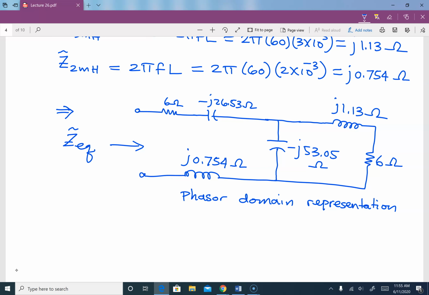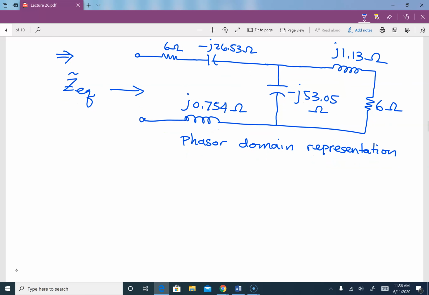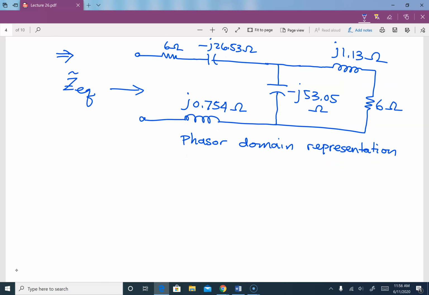So now our circuit in phasor domain, all the elements are in ohm. Then we can find our equivalent impedance. As we have said, when you want to find your equivalent resistance or equivalent impedance, just start from the farthest point from the terminal. So that means we are going to start with these two elements here.